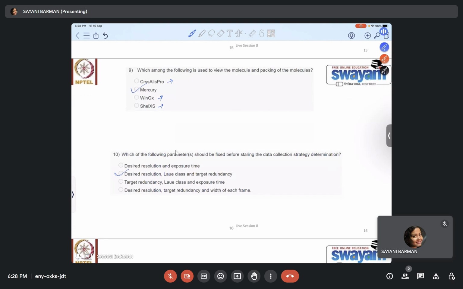We all know the wavelength of X-rays, detector choice, detector distance, exposure time, goniometry strategy, temperature, crystal orientation, then data processing software, and data collection strategy, like in which symmetry it is taken, like omega scan, phi scan, etc. Then data collection plans, like within how many frames you will collect the data, and in that only comes the exposure time, then beamline access, sample mounting, then sample environment like temperature and all.